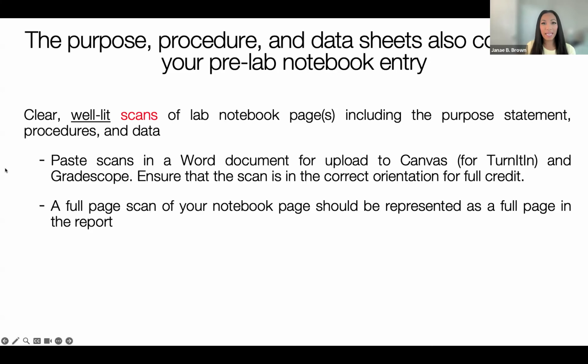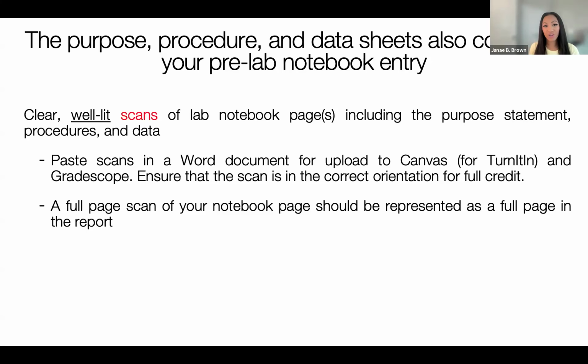Once you have those scans, you're going to incorporate those into your Word document or whatever type of writing software that you tend to use. And you're going to make sure that once you finish the full report, this doesn't make up the full report, but once you do finish up that full report, that you upload that file to both Canvas for Turnitin and to Gradescope, which is where we will give you that detailed feedback.